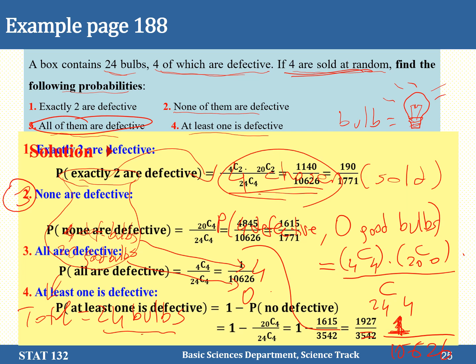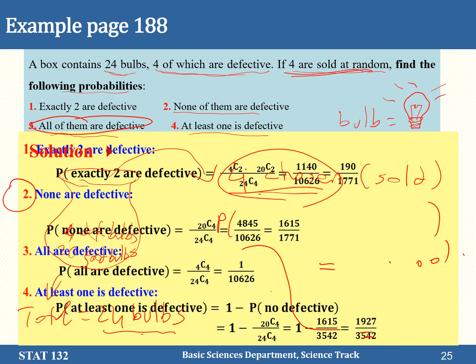Now let's look at the last one. So it's at least one defective. So we have to write this one now, the fourth. At least one defective. So what does this mean first?